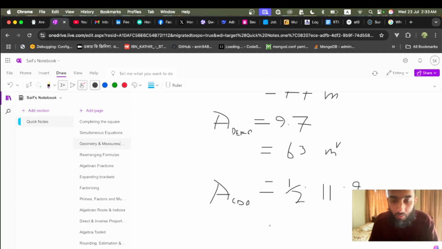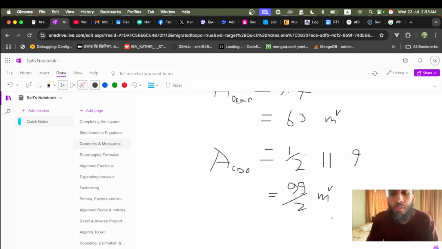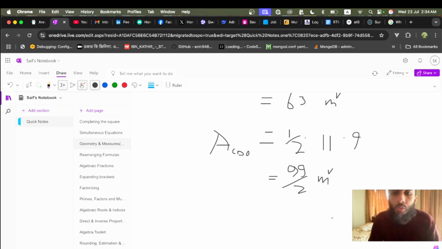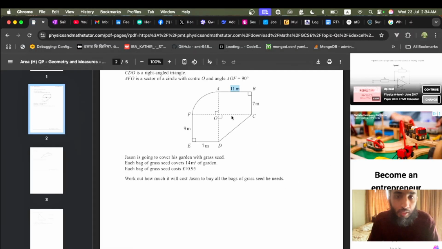So we can write this as 99 by 2 meter square, which is 44.5 meter square. This is half into 11 into 9.